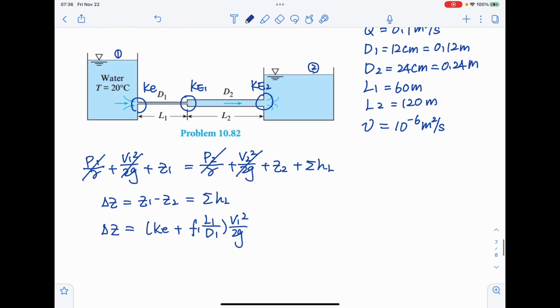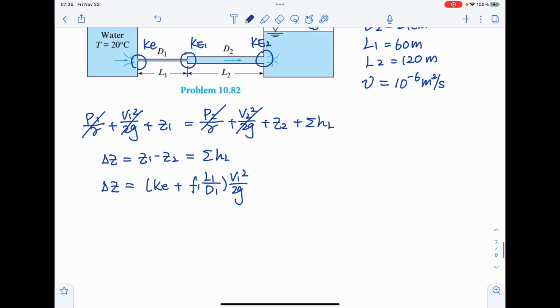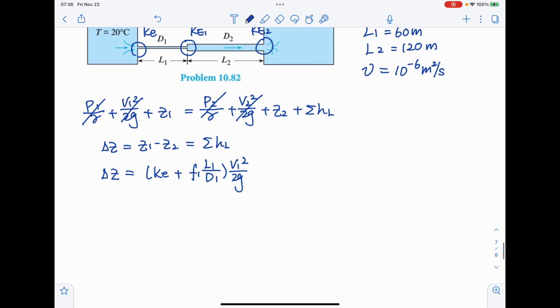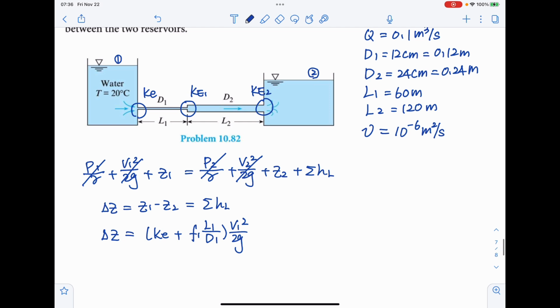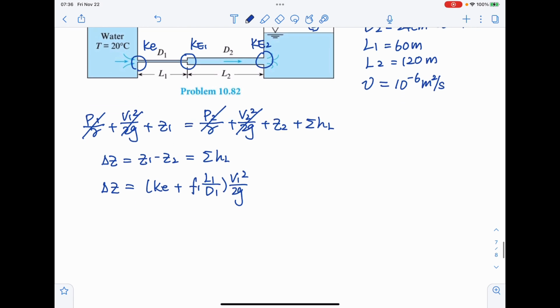Notice this one is for the pipe, not for the surface, because although we said this is point 1, this is point 2, the surface velocity is 0, so please don't get confused with the pipe velocity. So this one here is the pipe 1, not the point 1. Okay.